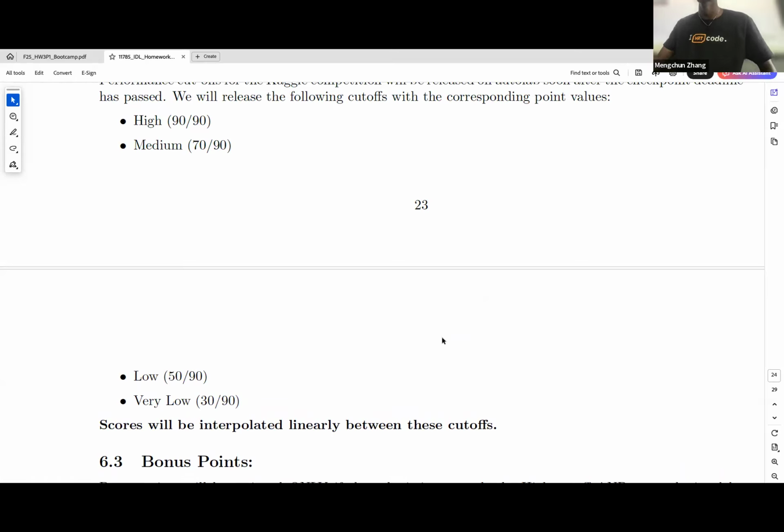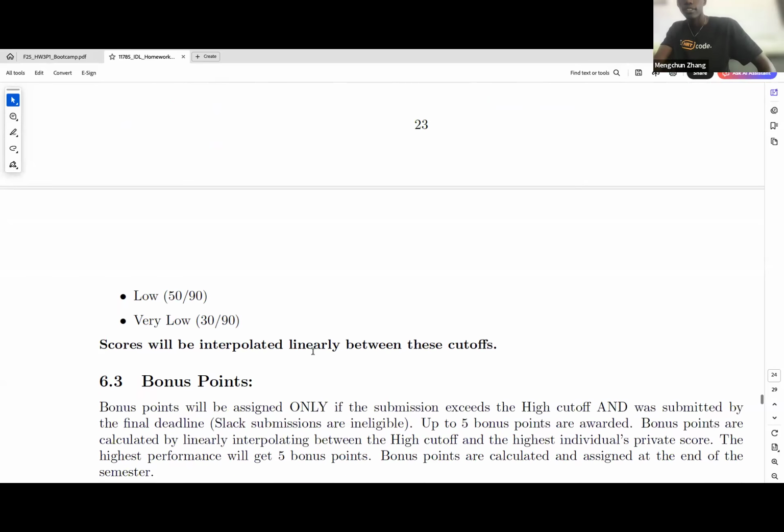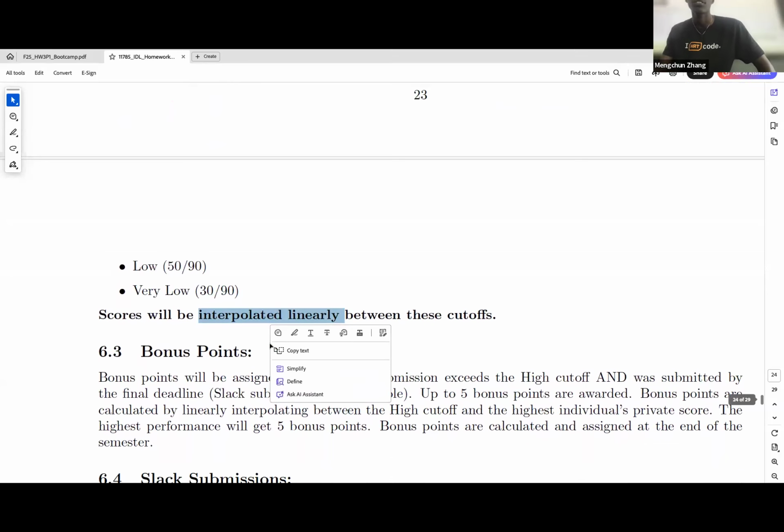You can calculate it yourself before you submit: if 5 is equal to 90, what about 7? Just to reiterate, we interpolate linearly.